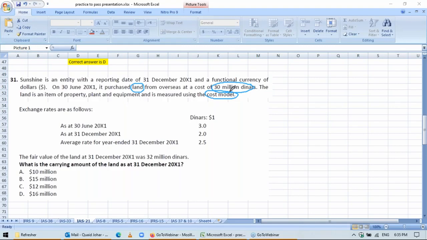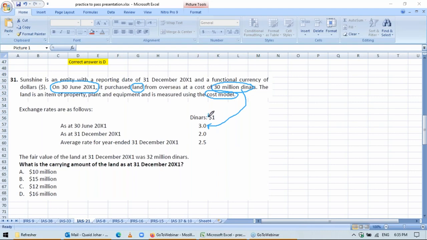So the 30 million dinars value is in foreign currency, and the transaction takes place on 30th June 2001. At this date, the rate is 3. So what you will be doing, you will divide 30 million by 3, which is the rate, and this is an indirect quote.